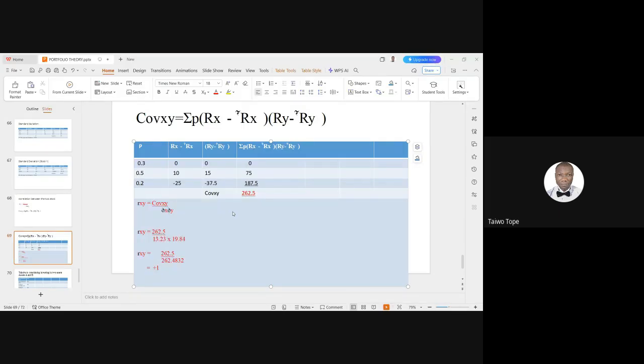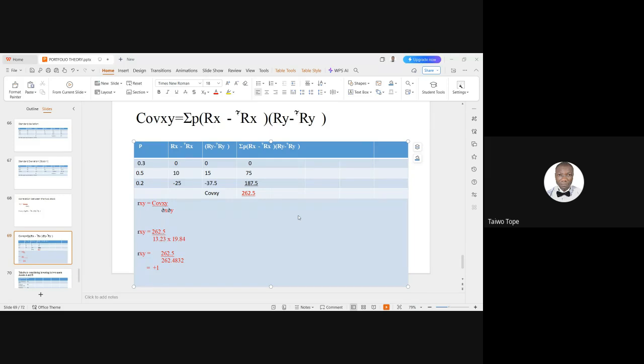Now we want to look at portfolio risk. When we talk about portfolio risk, we're talking about the standard deviation of the portfolio.